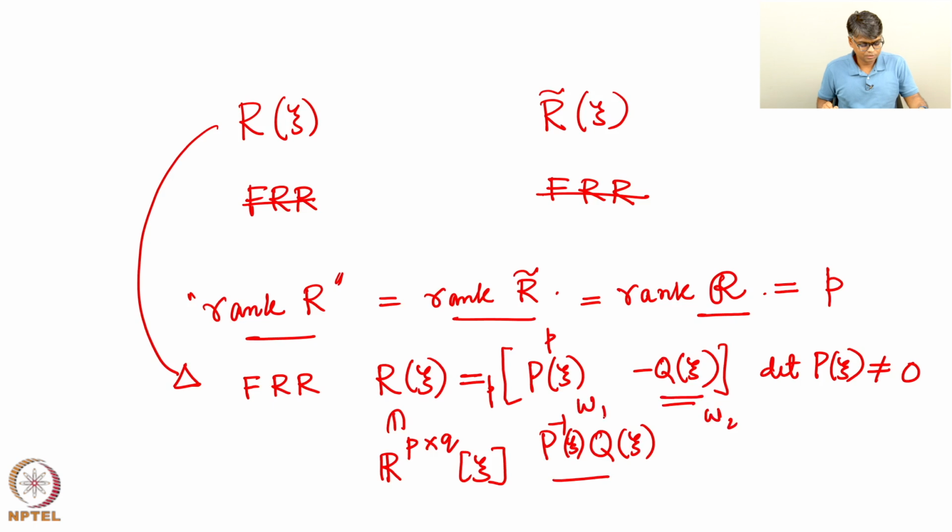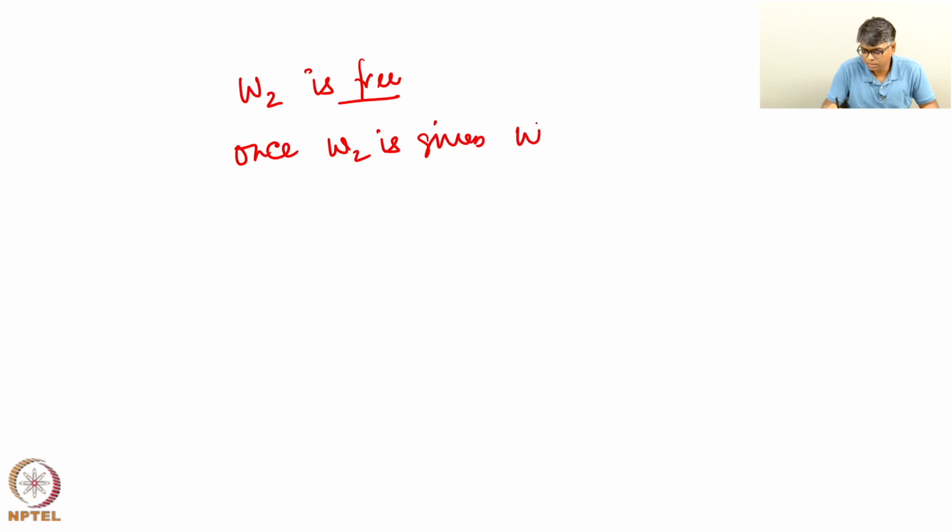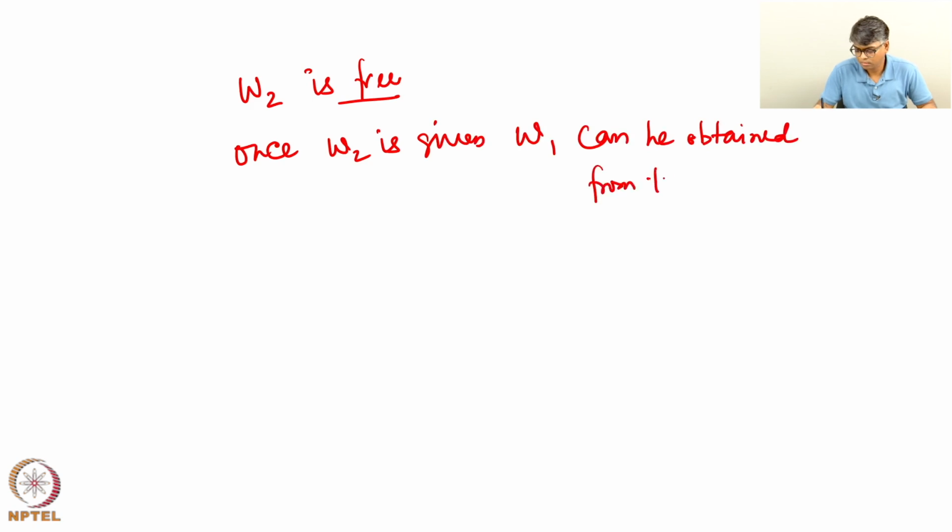As we have seen already, W2 is free, and once W2 is given, W1 can be obtained from there. There is nothing free in W1 anymore.